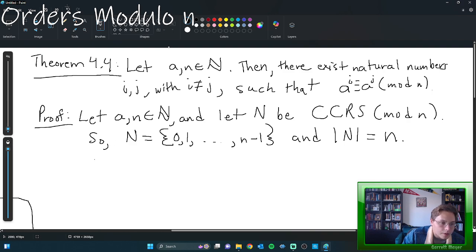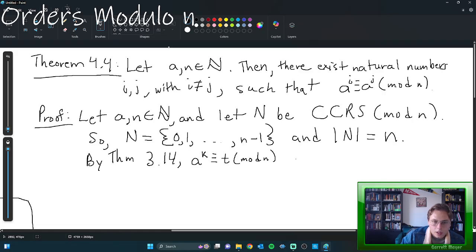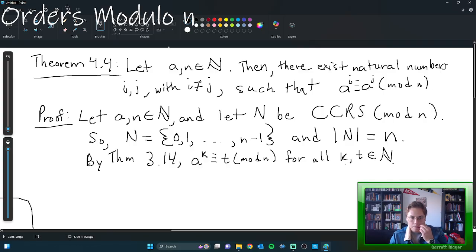Now, by theorem 3.14, and this is a theorem about complete residue systems, a to the power of k is congruent to t mod n for all k and t in the set of all naturals. Or wait, sorry, that's not the correct statement.